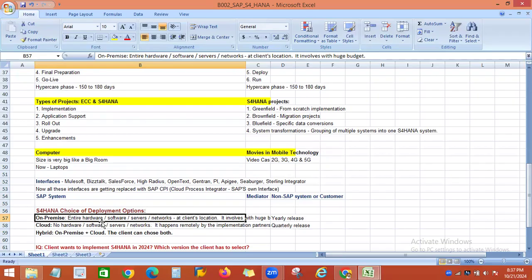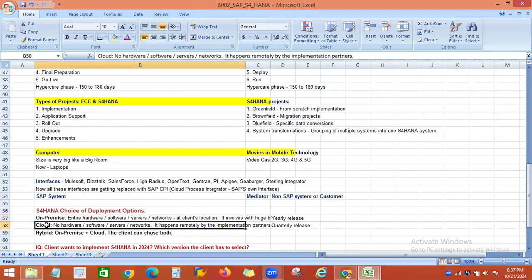And we have to perform the yearly release. After every year we have to perform the release. However, in SAP S4HANA, we have three types of choices. One is on-premises, which means the client can keep their data at their own place. Or the client can put the data on the cloud.